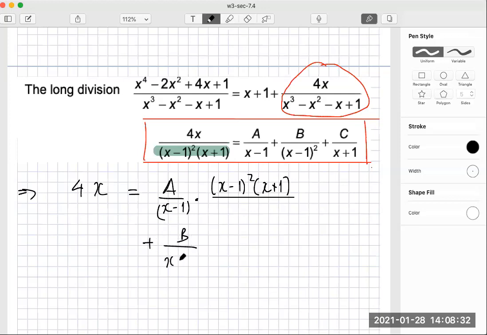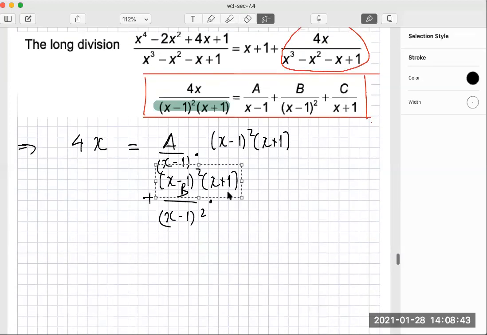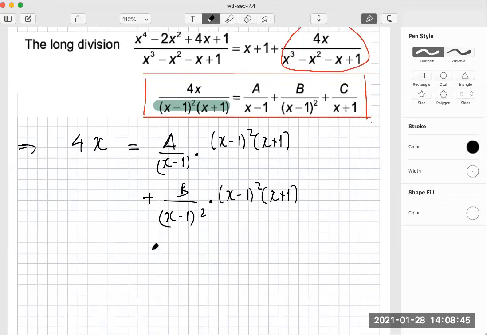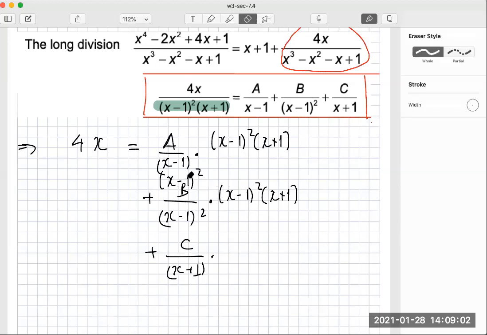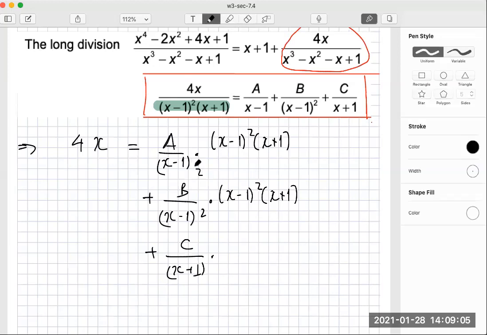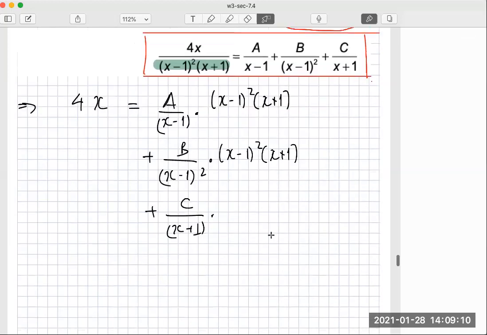b over x minus 1 squared times this, plus c over x plus 1. We multiply with the denominator here.